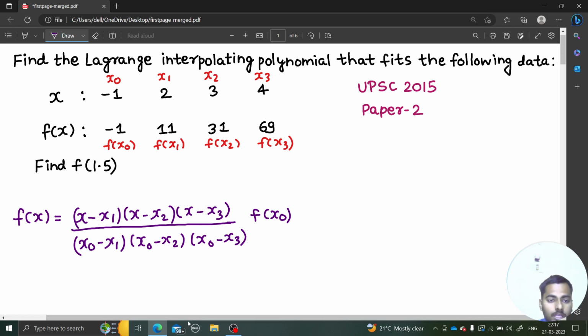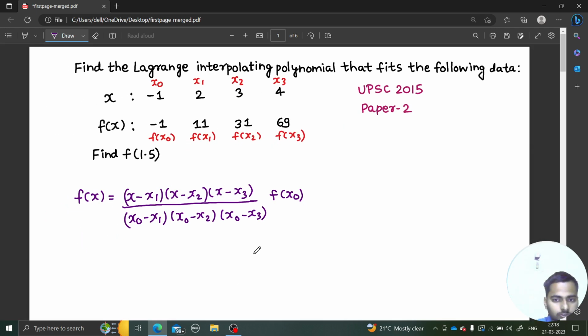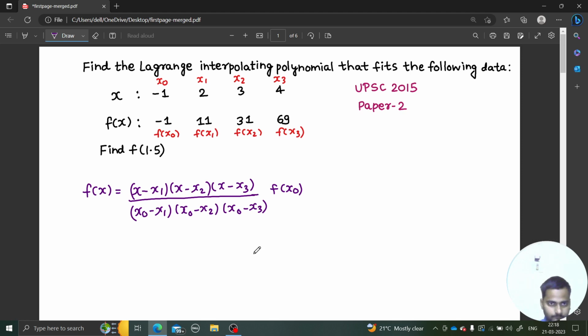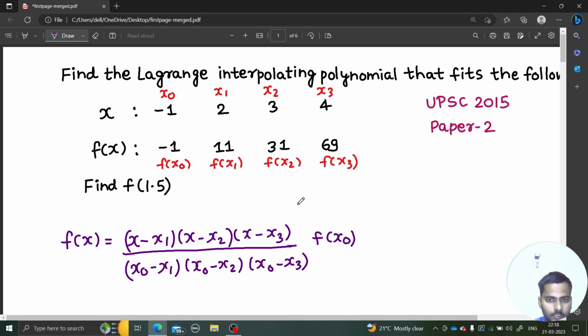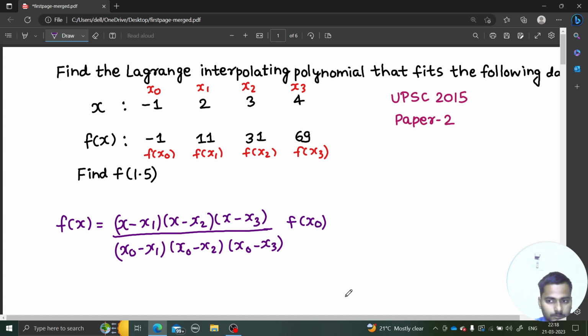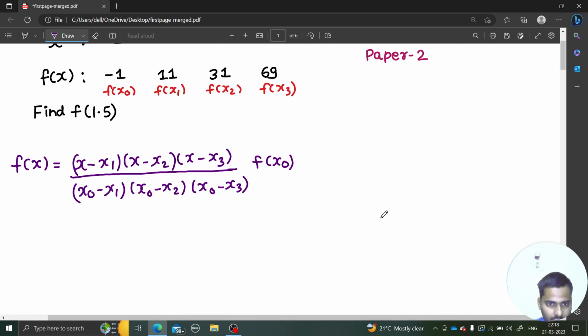Next, what will we do? In the next term, we will do the same thing but with x1. Let's zoom out a bit. I just need space.